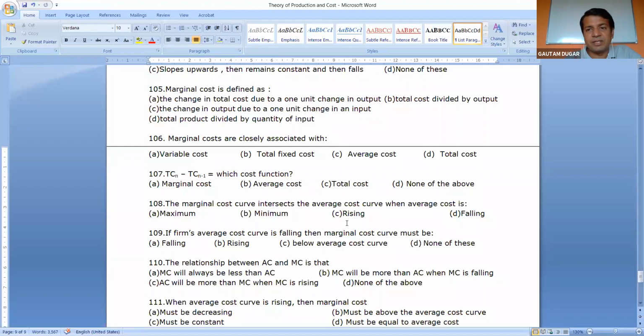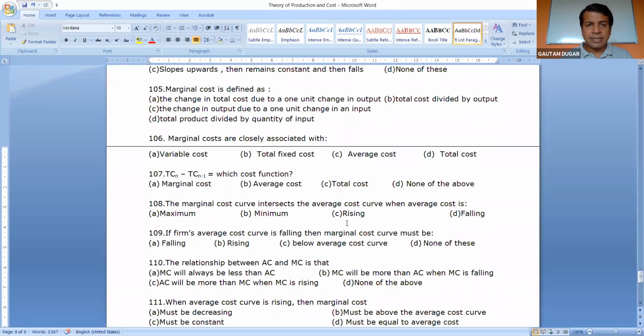The difference of total cost or the difference of variable cost, the answer would be the same. Why? Because total cost differs from one level to the other only because of changes in variable cost.